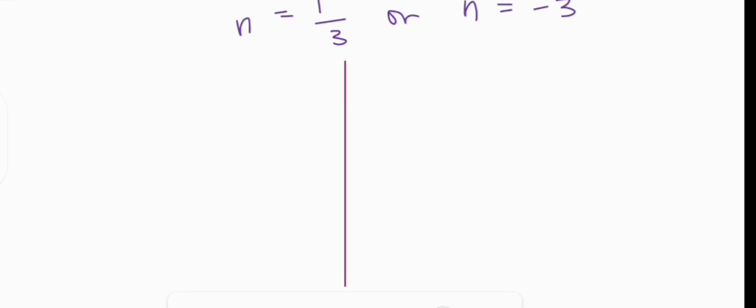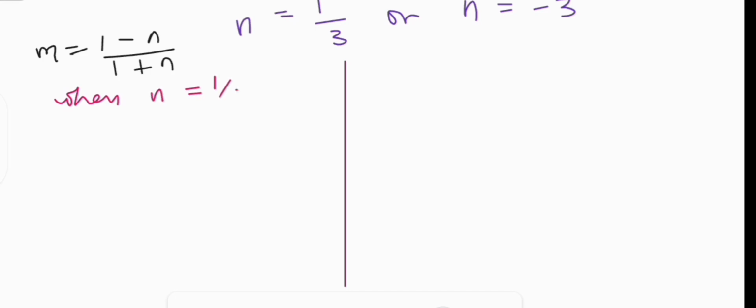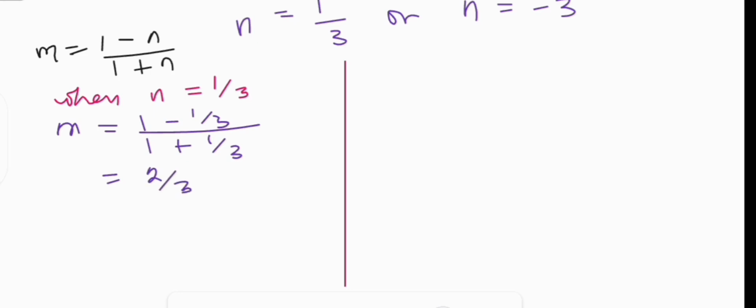Recall that equation 1 is M is equal to (1 minus N) over (1 plus N). So when N is 1 over 3, M is going to be 1 minus 1 over 3 divided by 1 plus 1 over 3. And this is 2 over 3 in the numerator divided by 4 over 3 in the denominator.